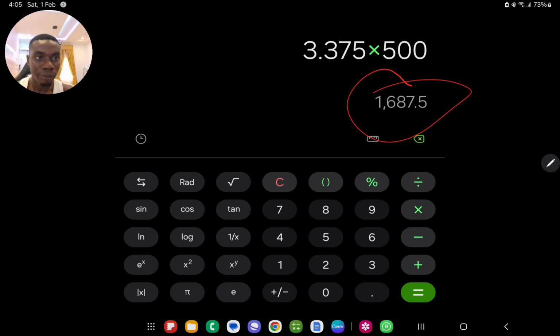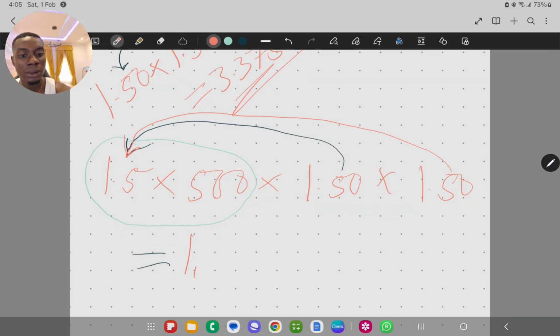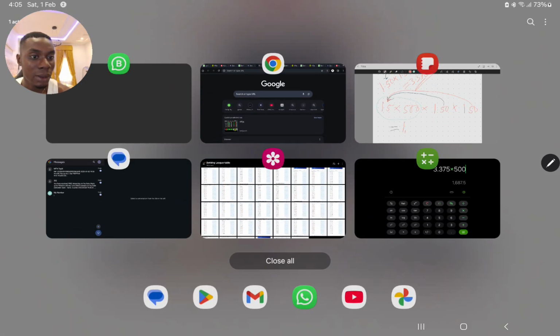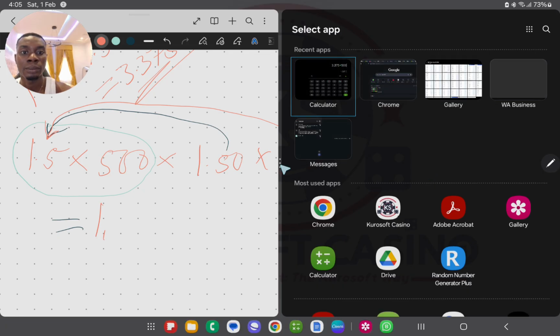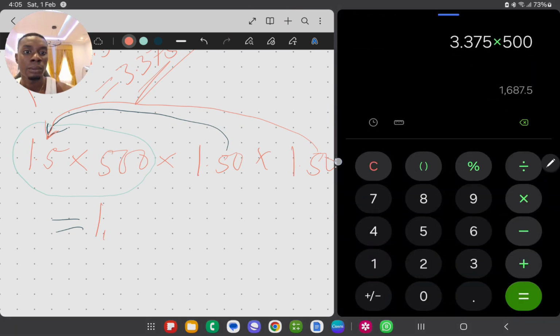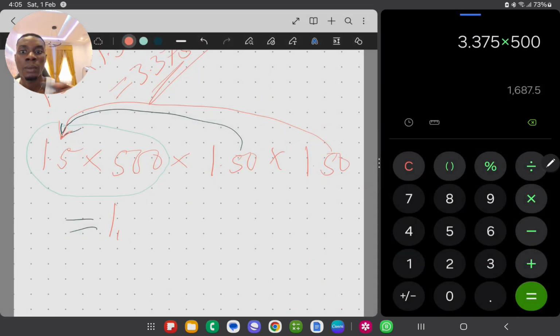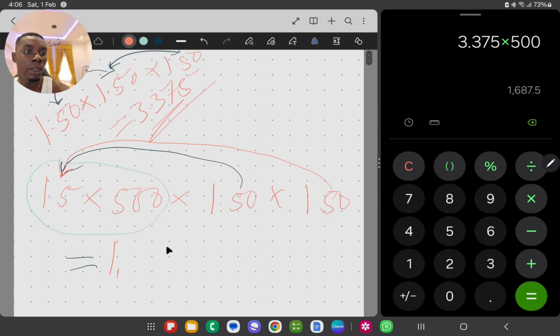So with this, let's continue. So we are making 1000. Let me go back there. 1687. We split the screen so that it will be easier. One thousand six hundred and eighty-seven.